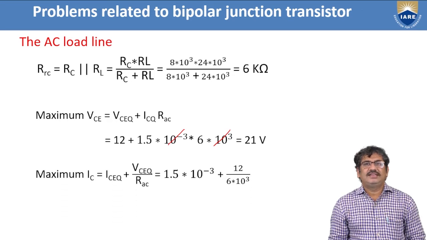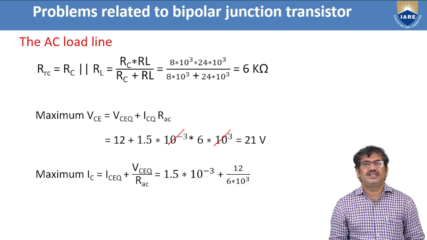Maximum collector current IC is given as the optimal Q point collector current, that is ICQ plus VCEQ divided by RAC. Estimated ICQ is 1.5 into 10 power minus 3 plus estimated VCEQ is equivalent to 12 volts divided by estimated RAC is 6 kilo ohms, that is 6 into 10 power 3.